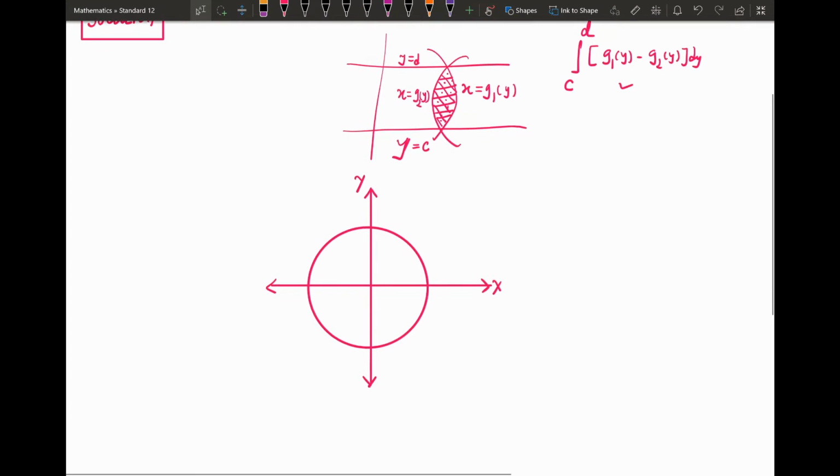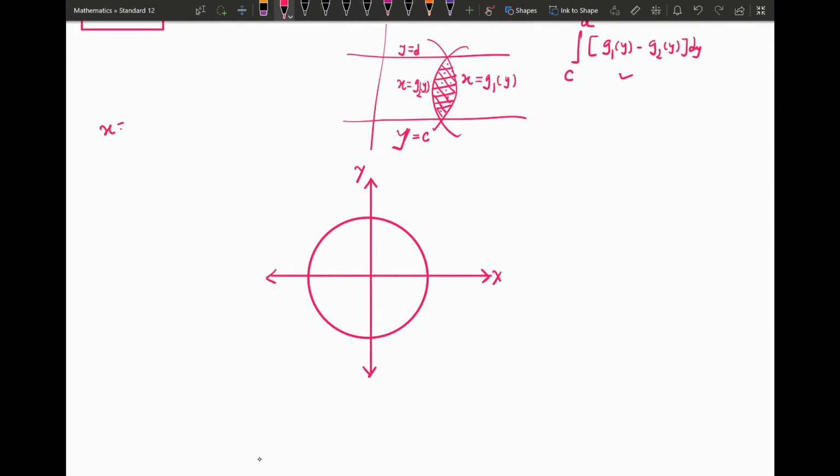Now x equal to root 3y, so y equal to 1 upon root 3 x. You compare this with y equal to mx.